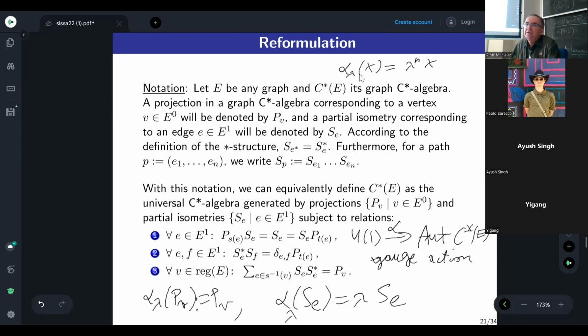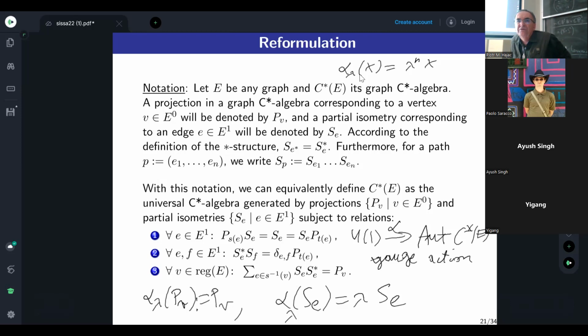Okay. So basically, projections are of degree 0. You can integrate this action, the circle action over the circle, and you can get this. The projection is degree 0, and then this S is degree 1, and S star is degree minus 1.